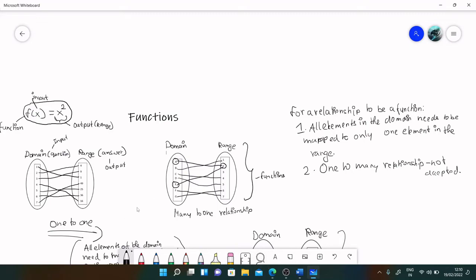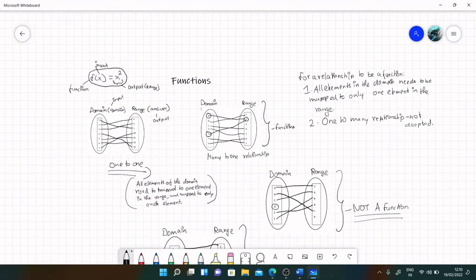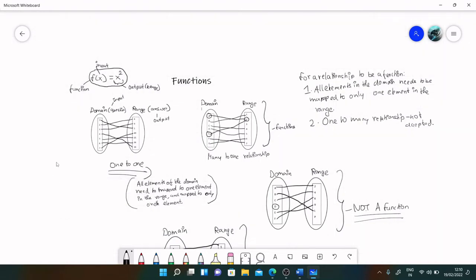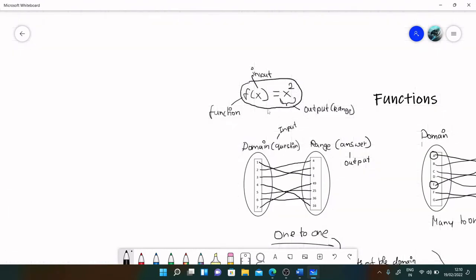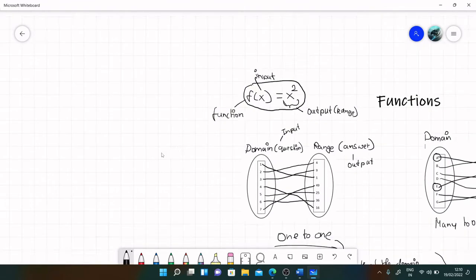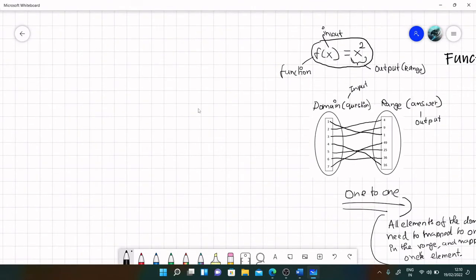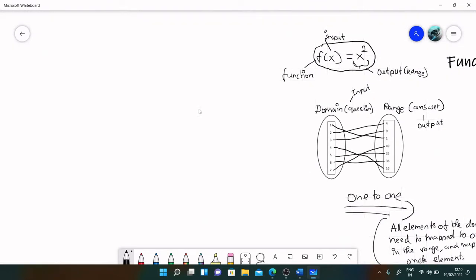Now that we have discussed how to identify if something is a function or not, let's look at more of such functions. A written function. Let's take a look at an example. That would be f of x equals 2x.